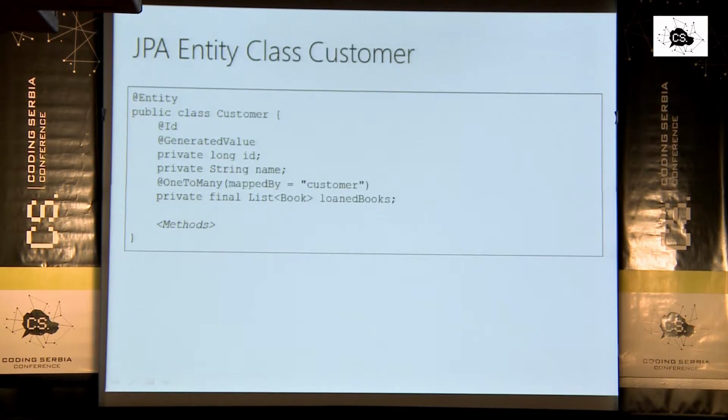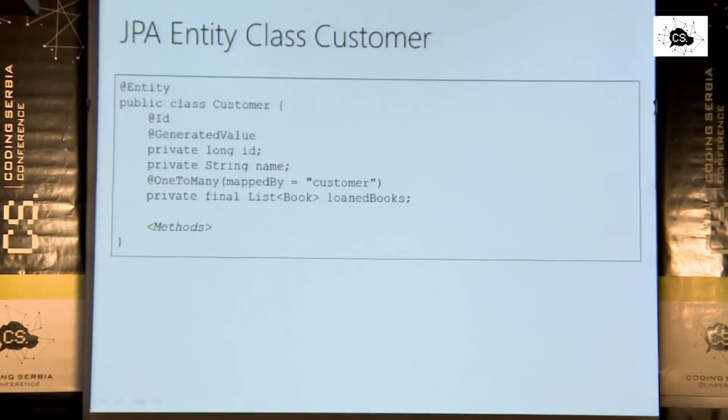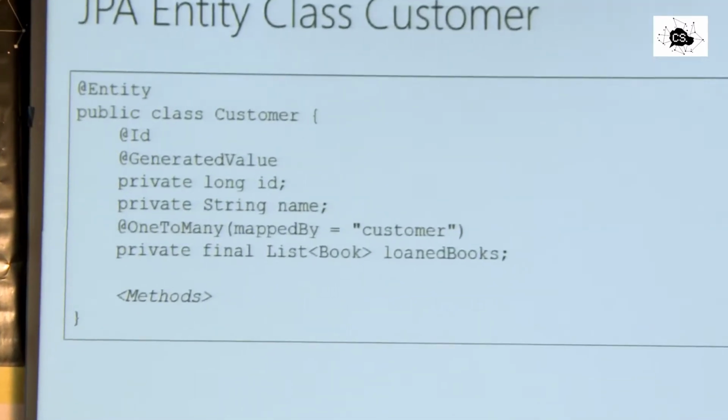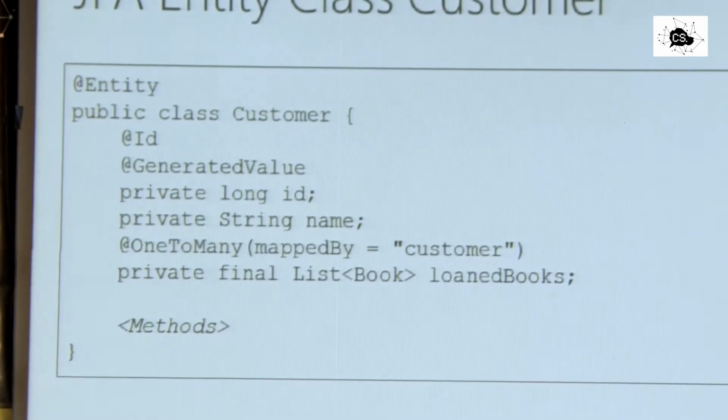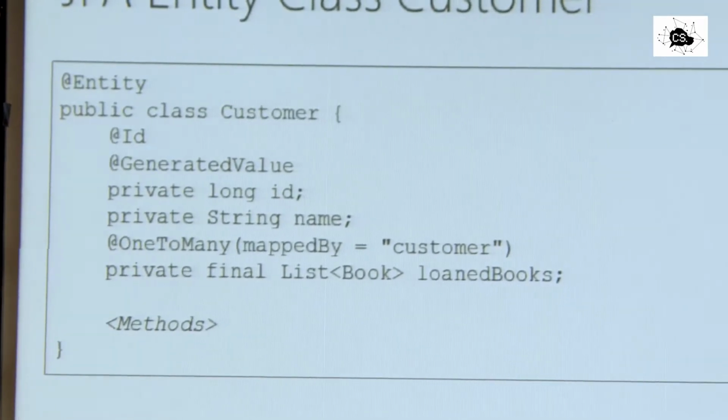So that's quite familiar probably for most of you. So we start with our domain class. We have those annotations. It's an entity. We have some ID, some generated value for the ID. And maybe the only interesting thing is this one-to-many relation, which is used for filling this data structure down here.